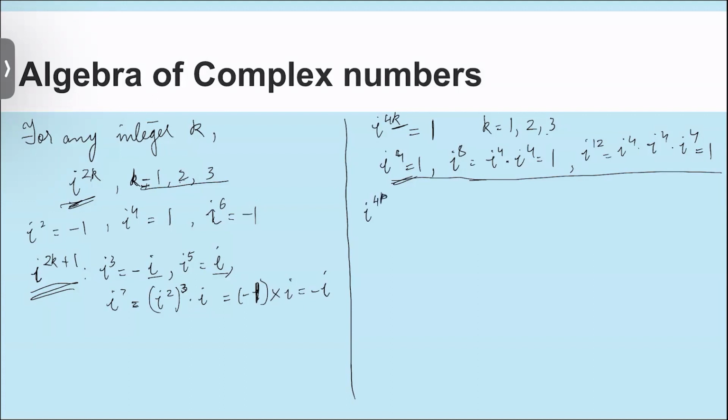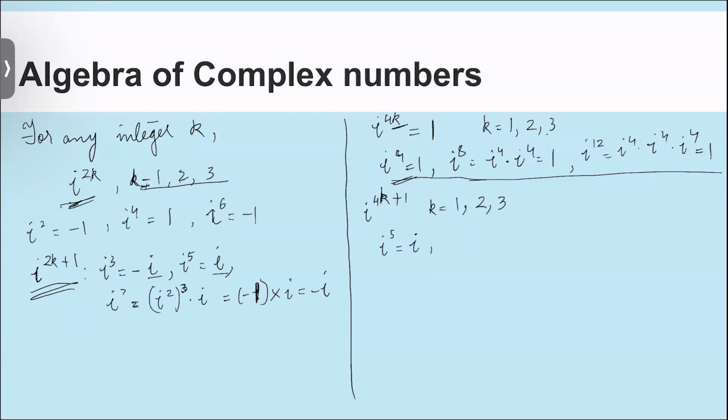Now if you consider odd numbers with respect to your 4k only, so 4k plus 1, let's see if a general relation is again followed. If you take k equal to 1, 2, and 3, over here you have 4 plus 1, 5. We've already seen that is i.